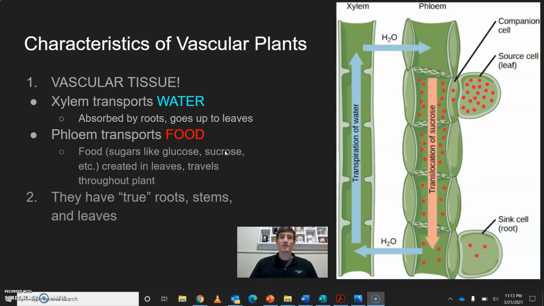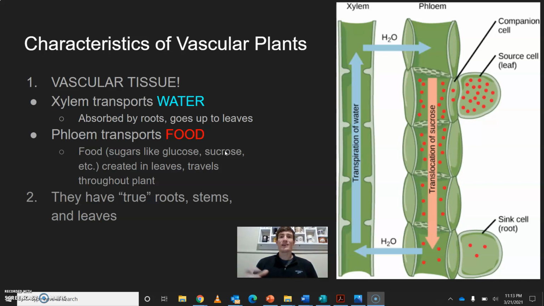Now, alternatively, phloem is the type of vascular tissue that's going to transport the food that's produced by the plant. Whenever the food is being made, it's generally made in the cells at the surface of the leaves, wherever there are chloroplasts and chlorophyll, which is the pigment that helps them produce food.